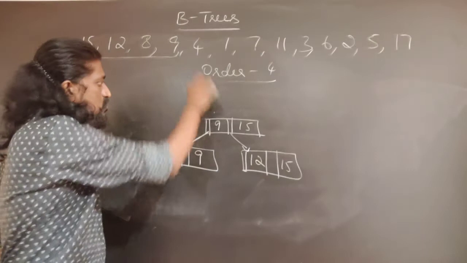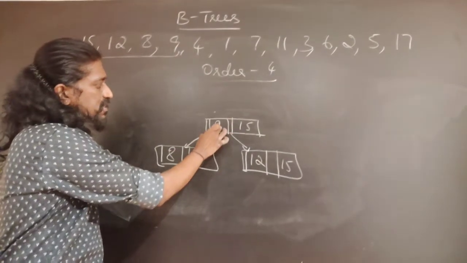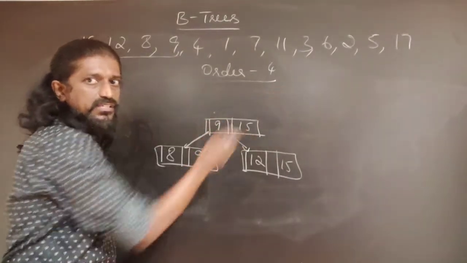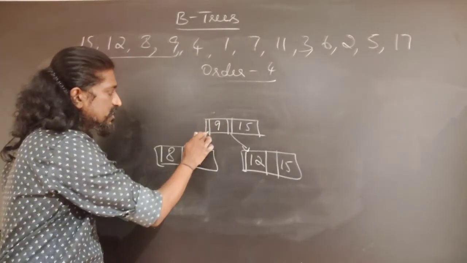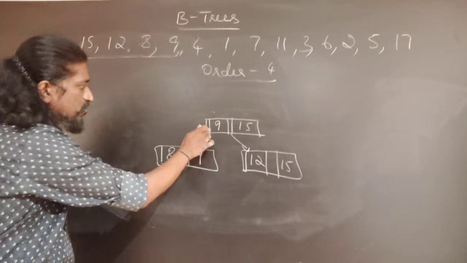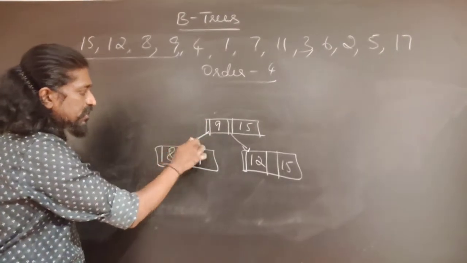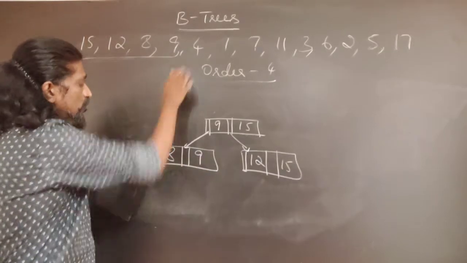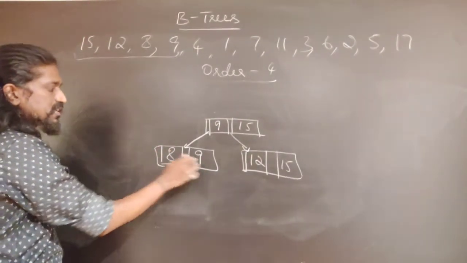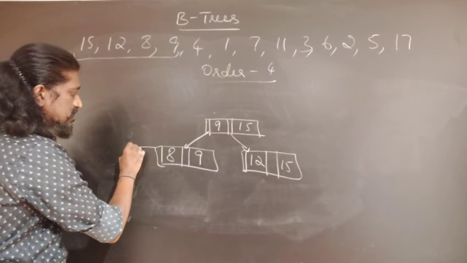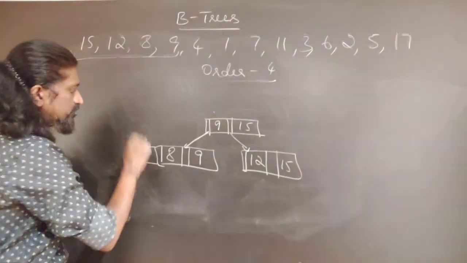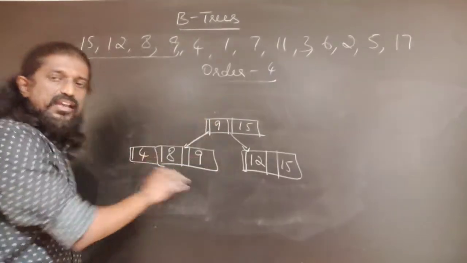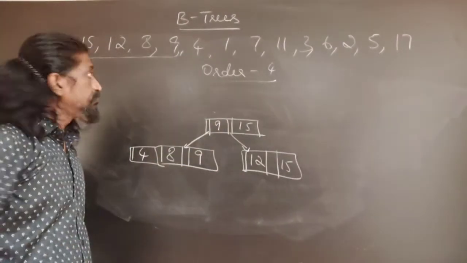We start from the root. So 4, we come here. 4 is less than 9. So if it is not, then we go to the next key. In that particular fashion we need to proceed. 4 is less than 9. So 4 has to be present somewhere in the left subtree of 9. We come here, and when we see here, we have 2 keys 8 and 9. 4 is the third key, and since 4 is less than both 8 and 9, it has to be inserted to the left of 8. So it gets inserted here, and nothing else needs to be done, and we leave it here.